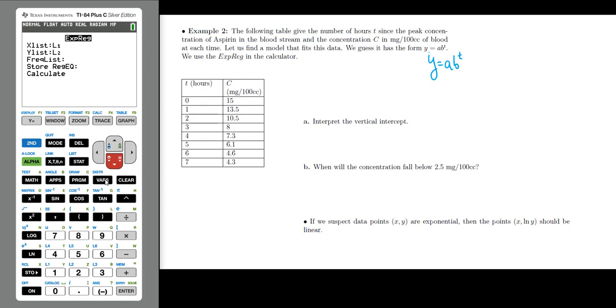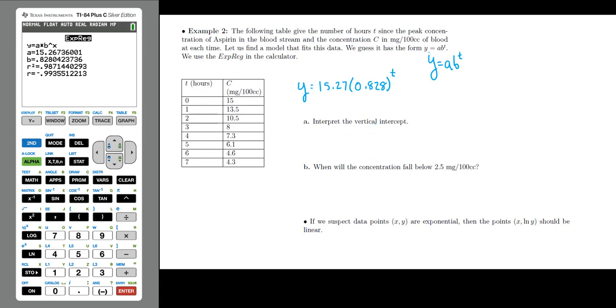I want to store my equation in y1, so I go vars, yvars, function, y1, and then I hit calculate. So what it's telling me is that we have y equals 15.27, that's my A, the initial amount, times B, which is 0.828 to the t.